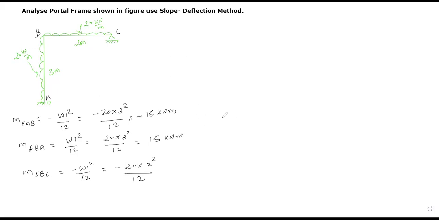Your value will be 6.667. I hope it is clear to all of you. Minus 6.667 kilonewton meter. Similarly, MFCB should be equal to plus WL square by 12, and that value should be plus 6.667 kilonewton meter.